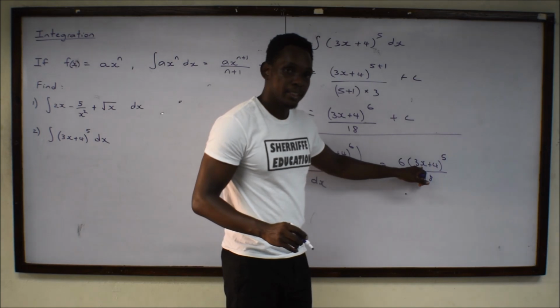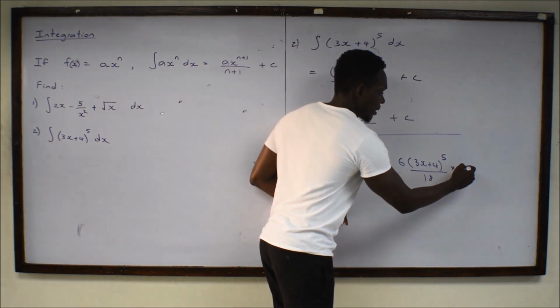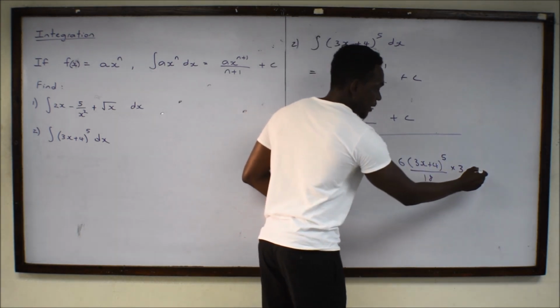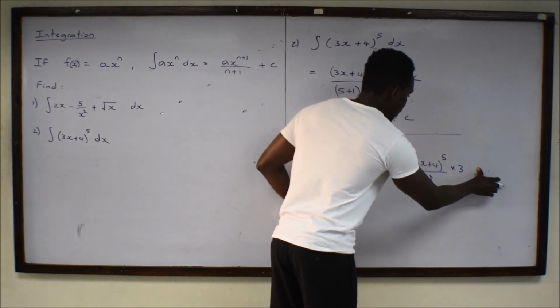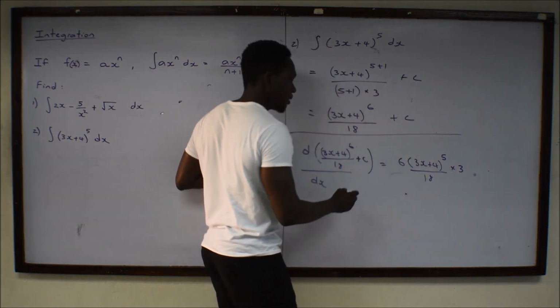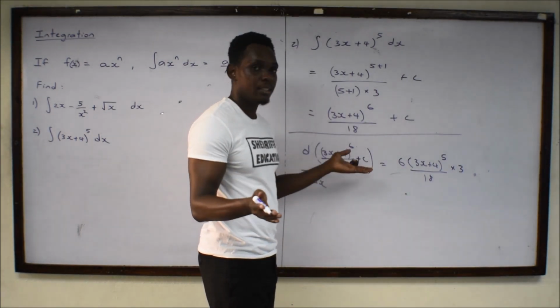Then we differentiate in here, so that's 3, and we multiply by that. So 3 times 6 is 18, and the 18 should cancel. I left off the plus c. Differentiating the c, that's a constant, so that's 0.